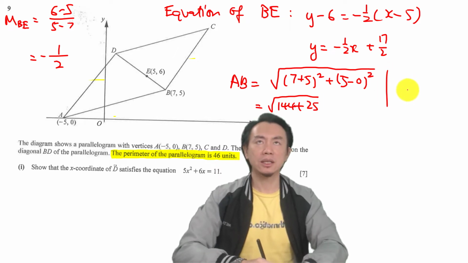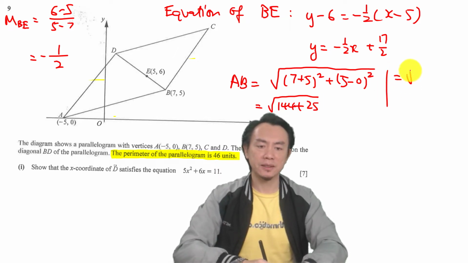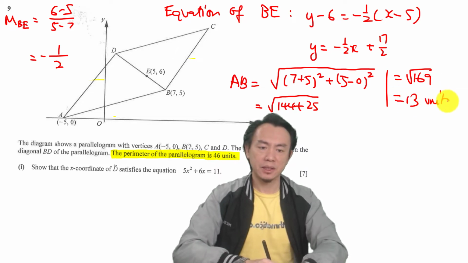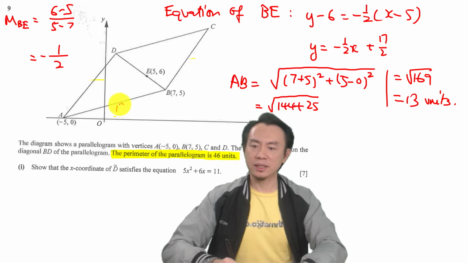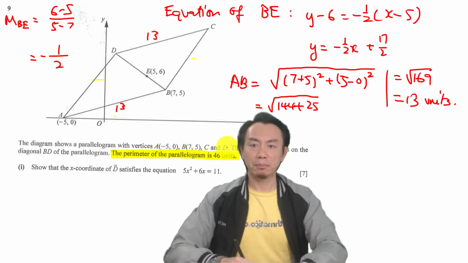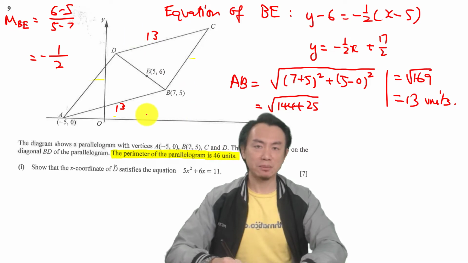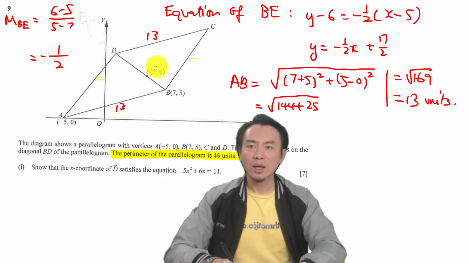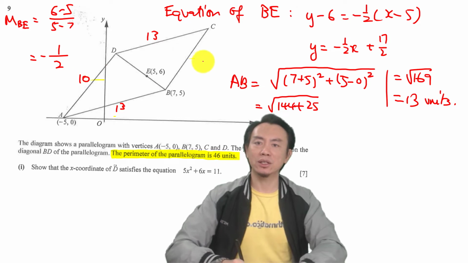So that's actually square root of 169, which is 13 units. Okay, this is 13. This is a parallelogram, so the opposite side is 13 as well. The perimeter is 46, so 46 minus 26 leaves 20. We divide that by 2, we get 10 on each side here.